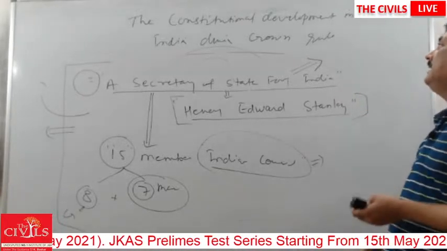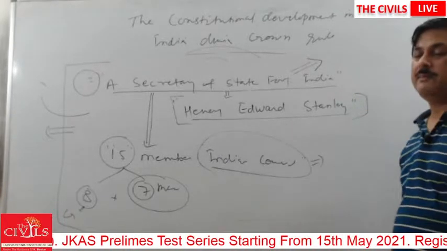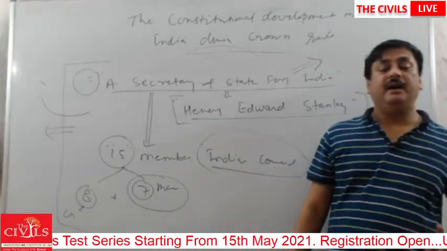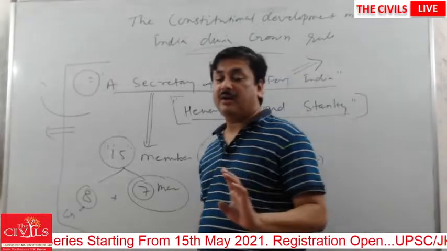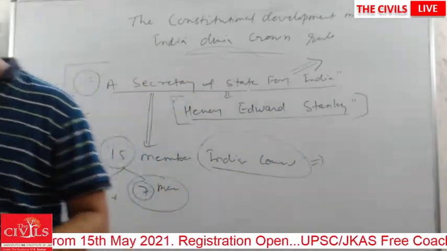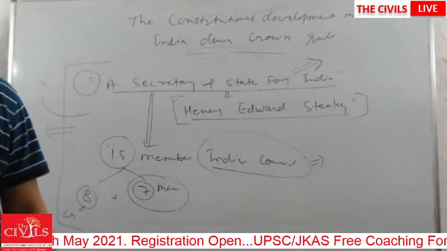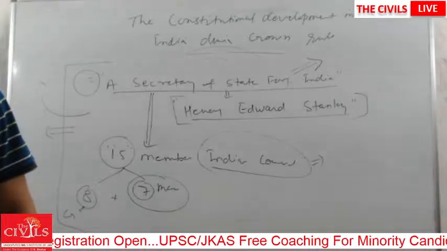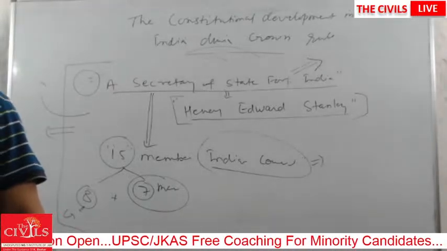So this was the provision of the Government of India Act, which is also known as an act for better governance in India. I hope it is clear to all of you.